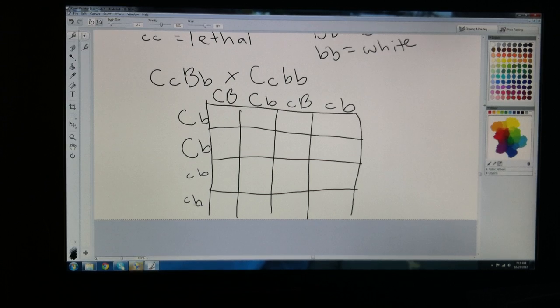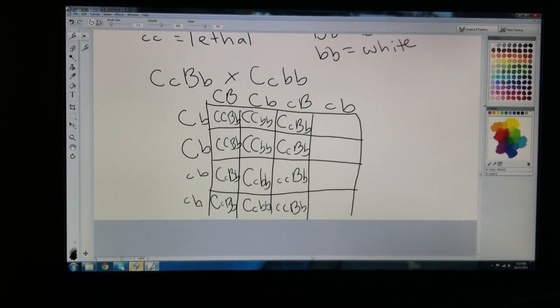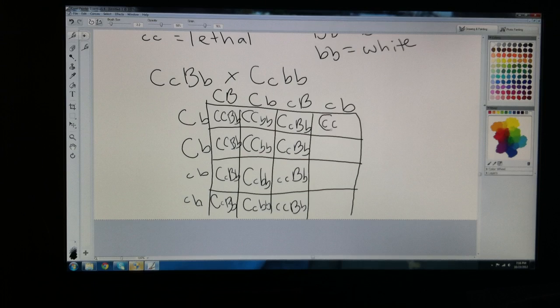And then we fill in our Punnett square. I apologize for my sloppy writing. Oops, that's a big C. Sorry, big C.